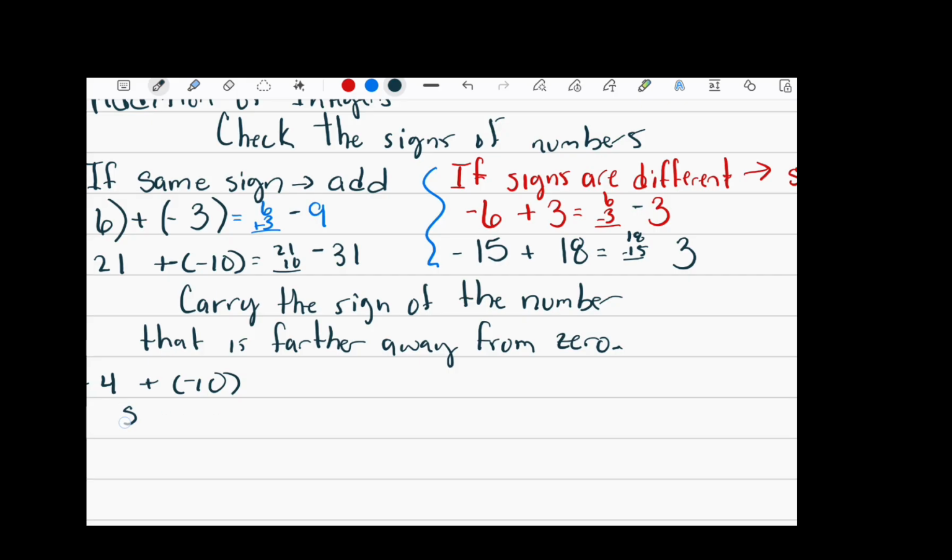You're just going to write same. Next, do you add or subtract these two numbers? I just want you to tell me add. Then the last thing, will your answer be negative or positive? If two people have a baby, the baby is going to look like somebody. Whoever's farther away from 0, that's who the baby is going to look like.